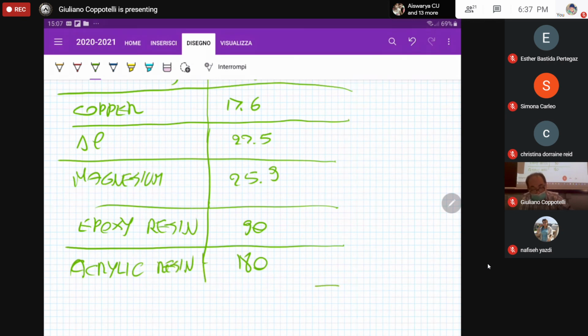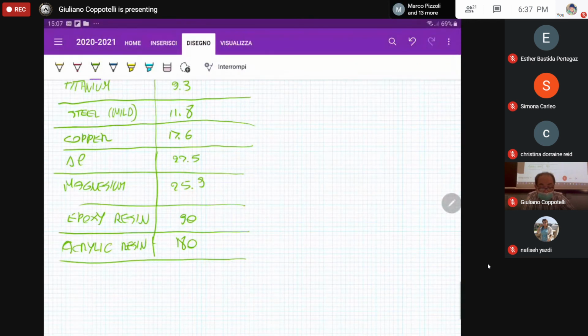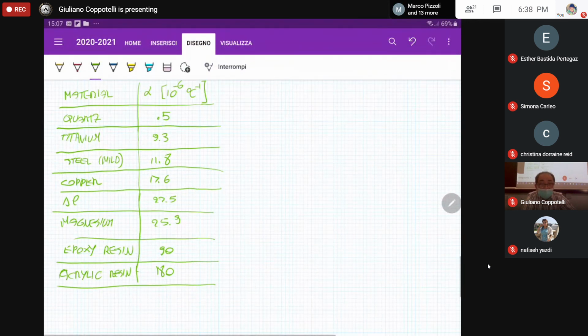Okay, so as you can see, according to the different materials we use, we are having a full range of linear coefficient of the thermal expansion. Therefore you can play a little bit just to have self-compensating strain gauges.